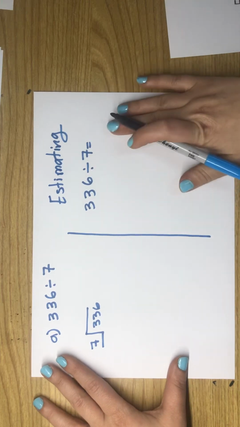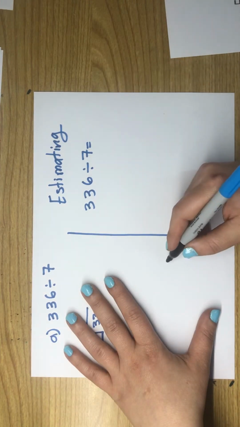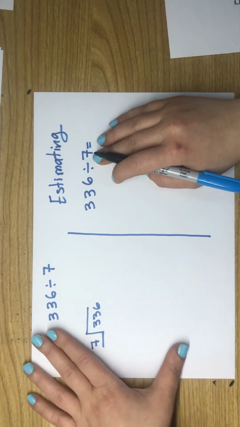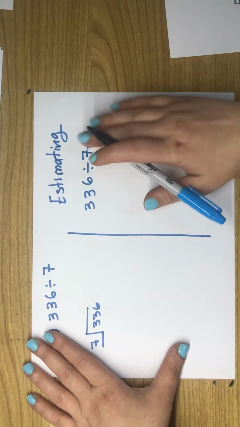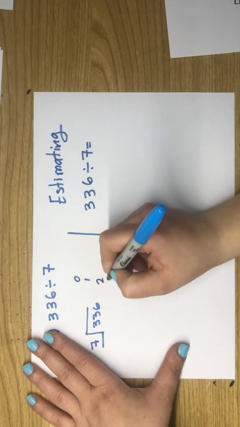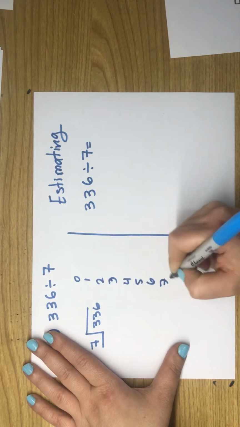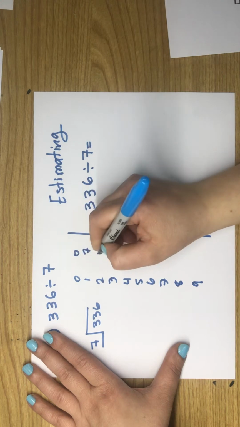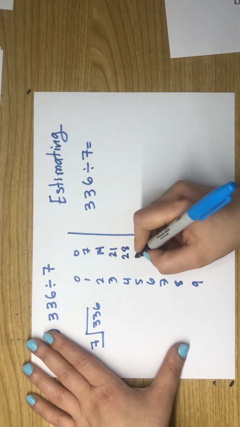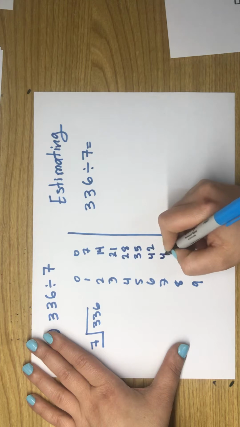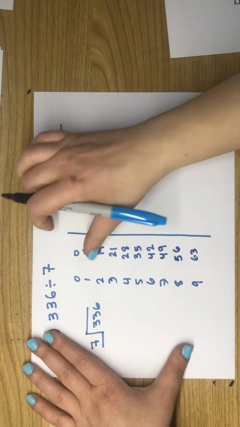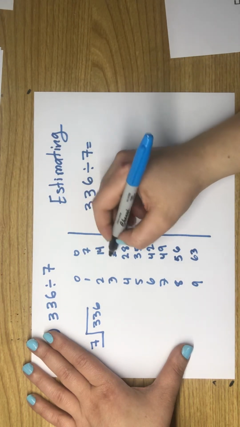Okay, while estimating, you have to look at the first two digits, because we all know that the multiples of 7, I'm going to show you here, most of them have 2 digits. 0, 7, 14, 21, 28, 35, 42, 49, 56, and the last one is 63.